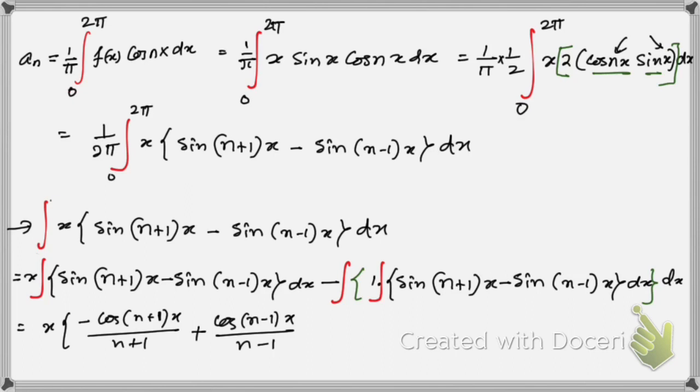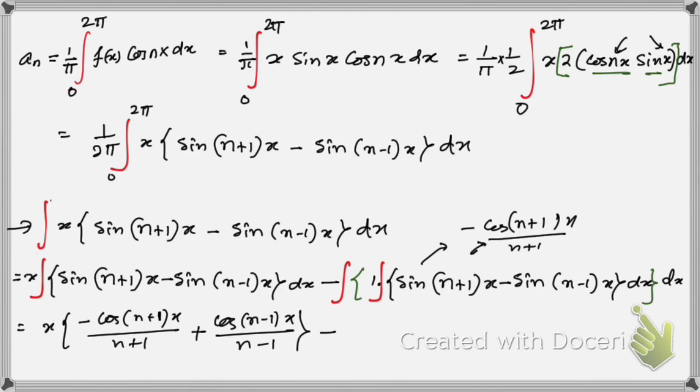So now let me work on this part. If you integrate this first, then you're gonna get this result. Then if you integrate it again, because of this integral, what are you gonna get? If you integrate it once, you're gonna get minus cos n plus 1 into x by n plus 1, right? And if you integrate it again, so there are two integral signs, right?